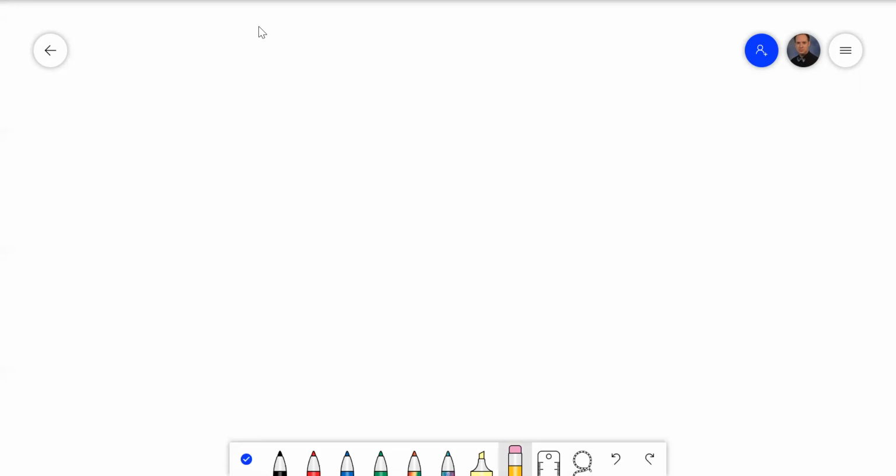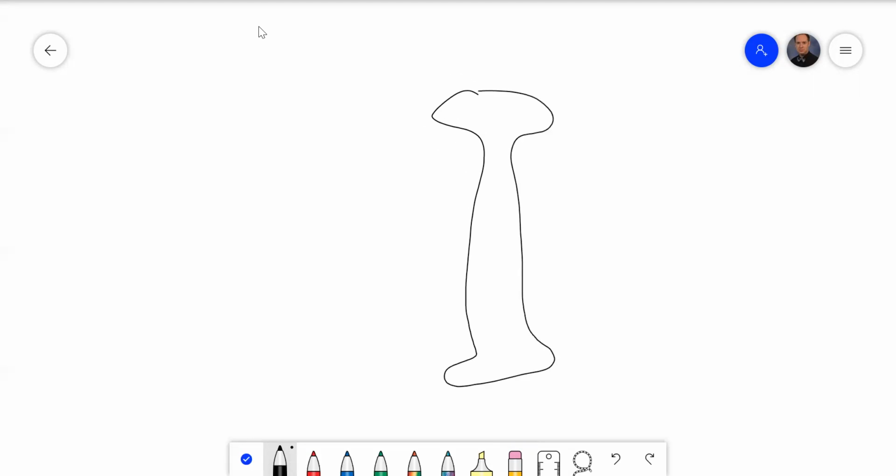So bones, long bones, short bones, flat bones, irregular bones, those sort of shape classifications are important. But let's talk about sort of the general structure of a long bone. All right, so any long bone, the center part is the diaphysis.